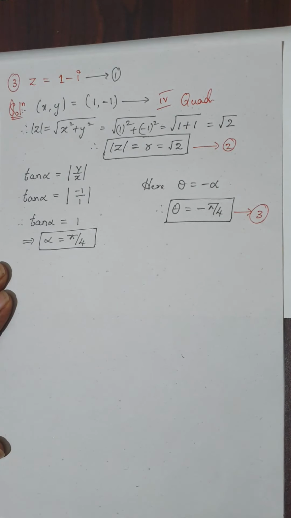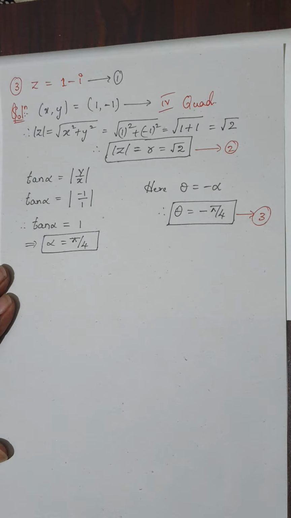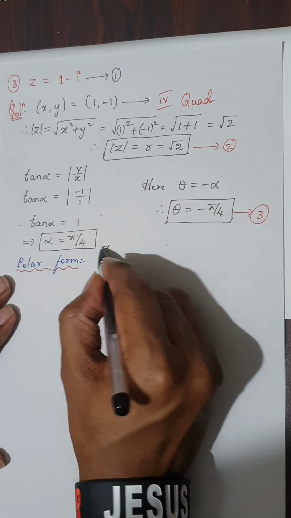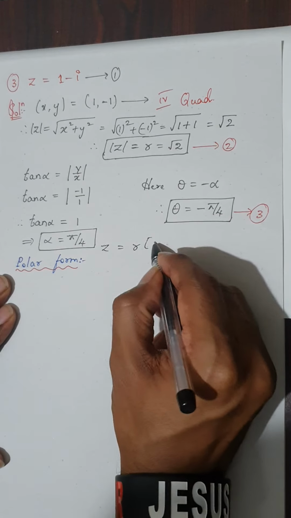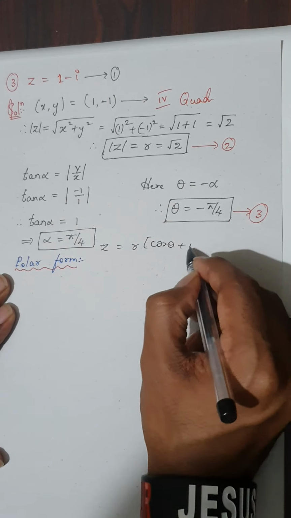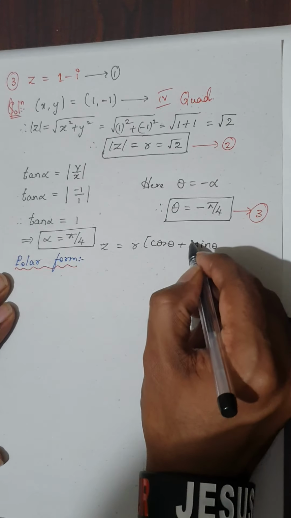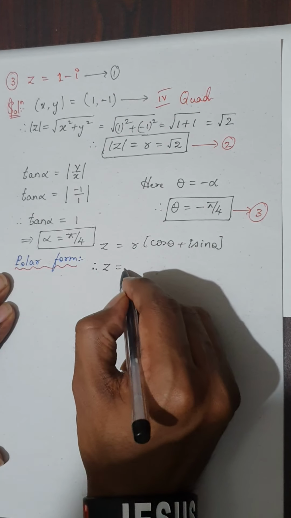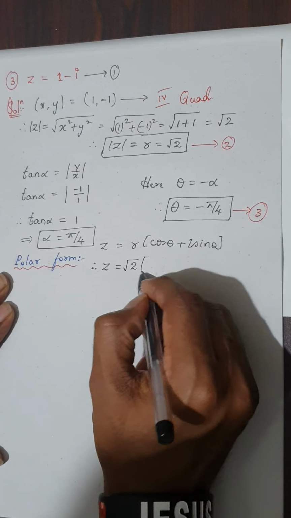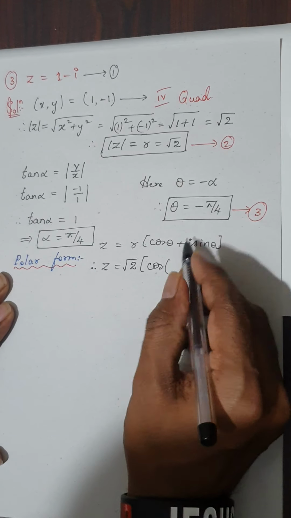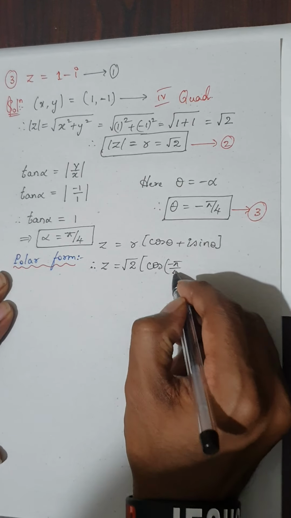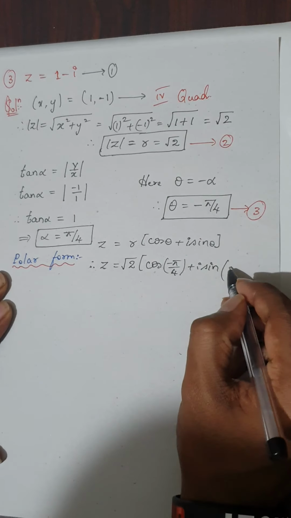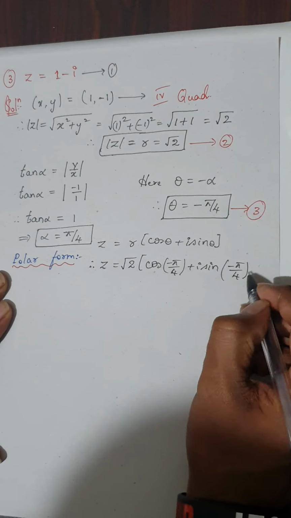Okay. Now let us write the polar form and complete the solution. So what is polar form? We know z is equal to r into cos theta plus i sin theta. Therefore, this will give me z is equal to r value is root 2 into cos, what is theta? It is minus pi by 4 plus i sin minus pi by 4.